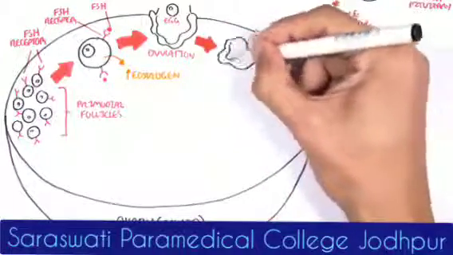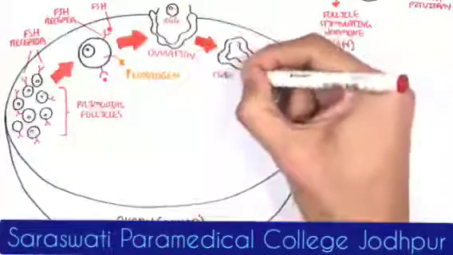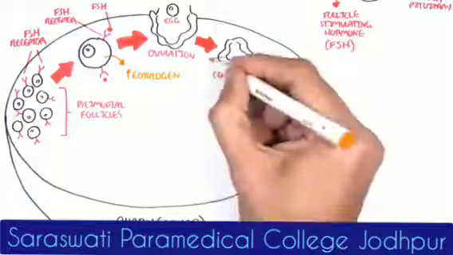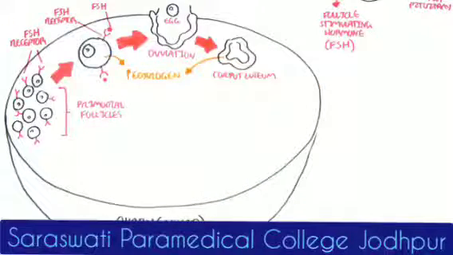The corpus luteum is essentially a dead follicle that will degenerate, but also as it degenerates, it will secrete estrogen. Okay, so that was a normal menstrual cycle, in that this occurs each month. There's ovulation each month. There's a corpus luteum that degenerates each month.